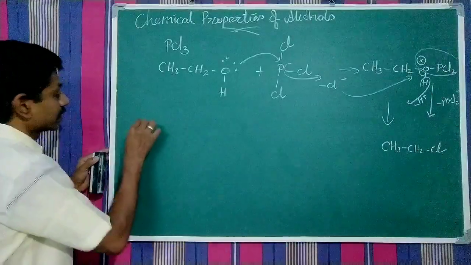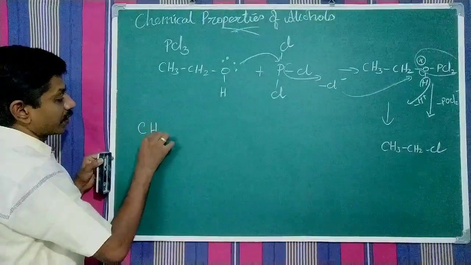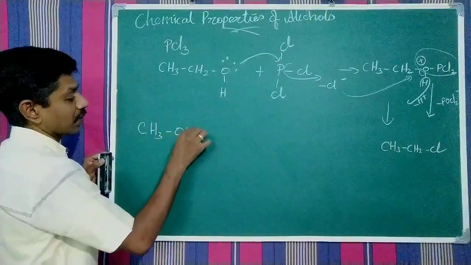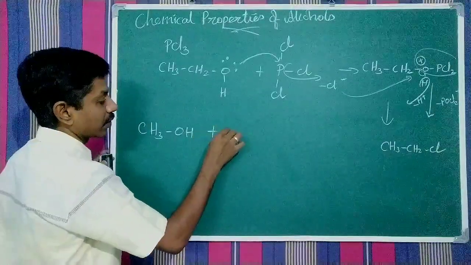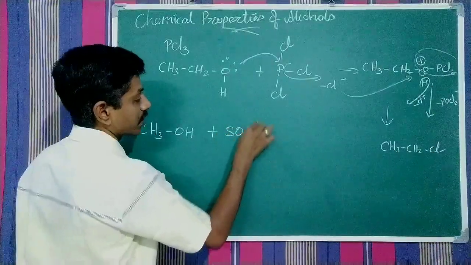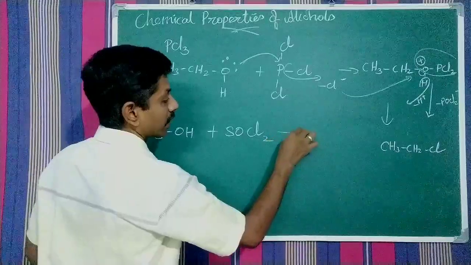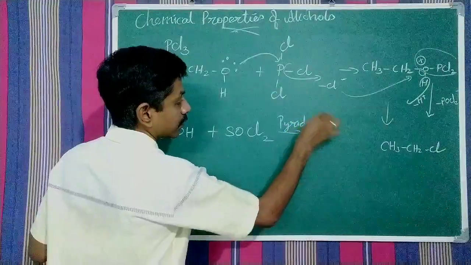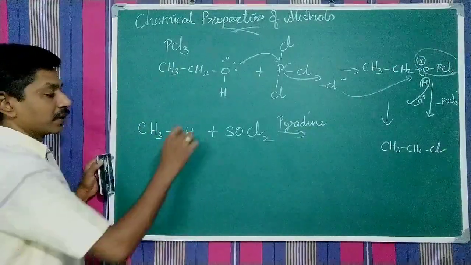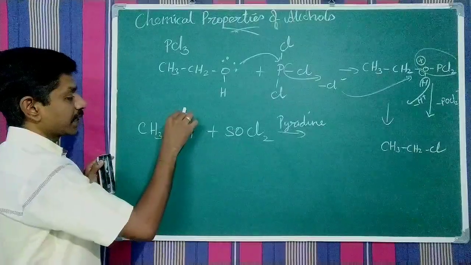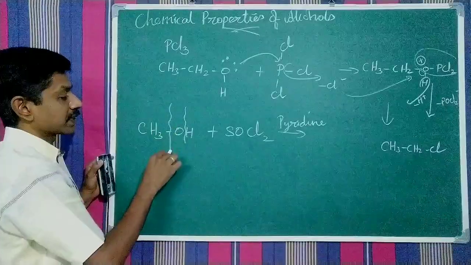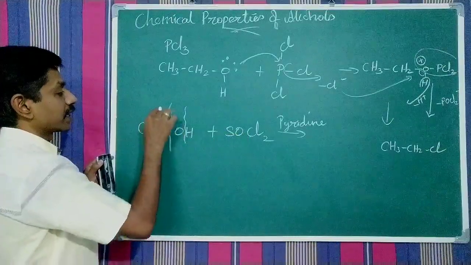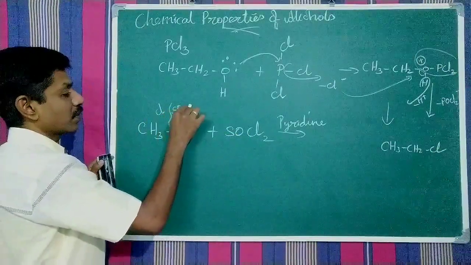What are the other methods? We can go for even methyl alcohol or ethyl alcohol and treat with thionyl chloride, SOCl2, in the presence of pyridine. And during this reaction, I can make it easy for you. The bond breaks here. This molecule I can write as Cl, SO and Cl.